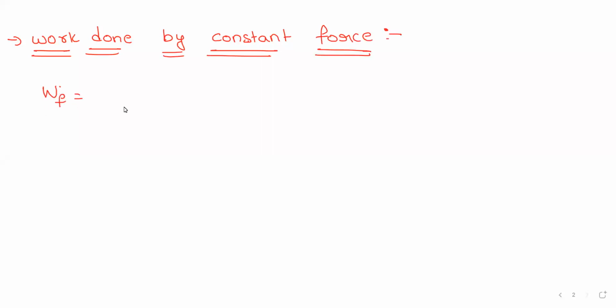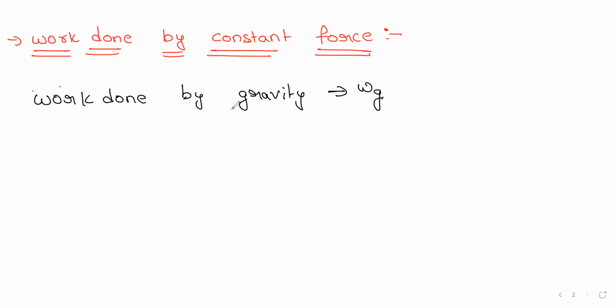Okay, so if we are finding work done by gravity, we have to write it as work done by gravitational force or gravity should be written as WG, right?